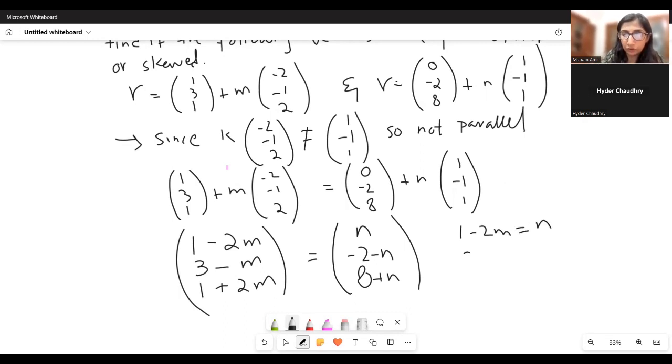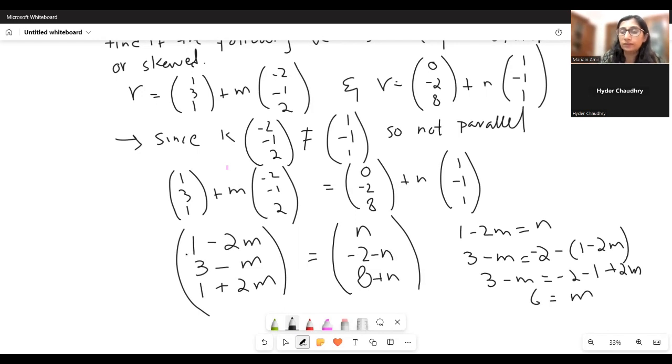Now in the second equation, I'm going to replace n with that. Minus 2 minus (1 minus 2m), which gives 3 minus m equals minus 2 minus 1 plus 2m. So we get an m here and a 6 here. m is still 6.